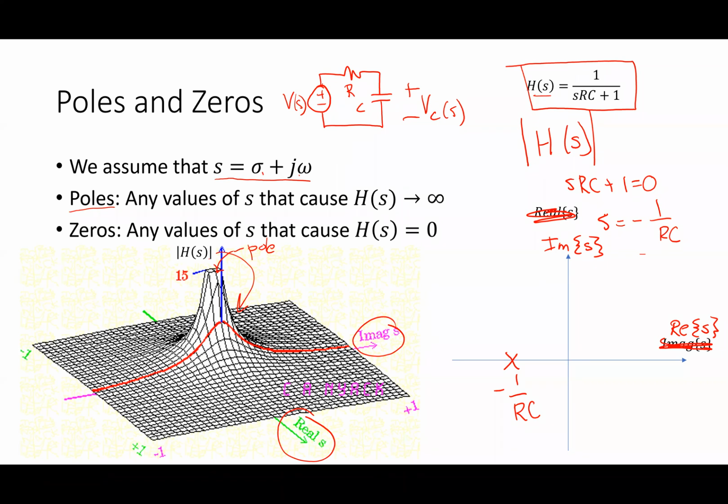Yeah, the real part is negative. -1 over RC, is that ever going to be an imaginary number? So the imaginary part's always going to be 0. It doesn't have to be, but very often it is. For something like 1 over RC, there's no such thing as an imaginary resistor. Maybe there is, but there's no physical imaginary resistor, right?